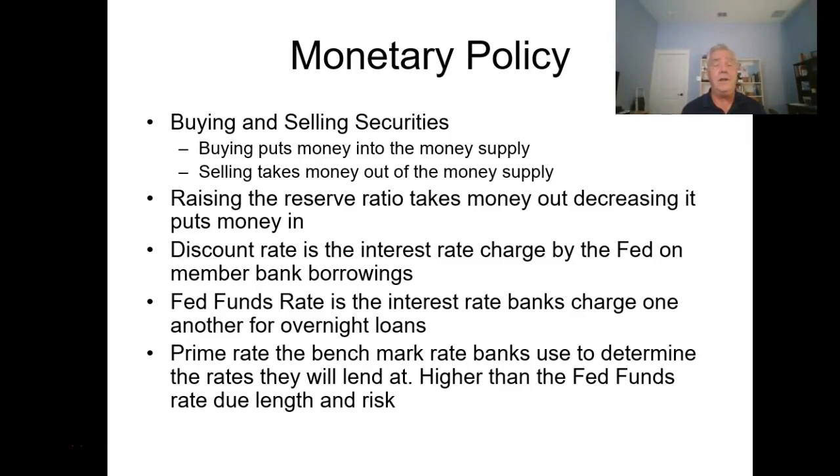So the prime rate is the rate that a commercial bank will charge you if you're a Donald Trump or, not Steve Jobs, but Malcolm Forbes, people like that, high-end people with millions and billions of dollars. They can borrow at the prime rate.